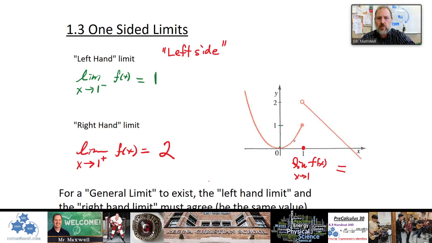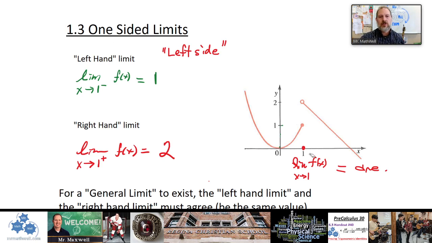As x approaches 1, the graph does different things. There isn't just one number that the graph seems to center in on. It's like two different numbers. So you would say the limit doesn't exist, but the left-hand limit does exist, and the right-hand limit does exist.